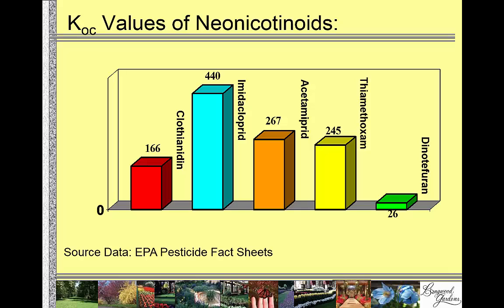That's a measure of how tightly these compounds tend to bind to organic matter, and something that binds to organic matter will be less likely to move into the plant. And as we can see, dinotefuran has a very low KOC value, which makes it more mobile. So that's why this product, unlike the other systemic insecticides, can be used as a trunk spray.